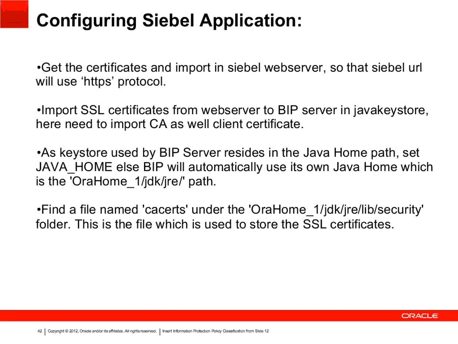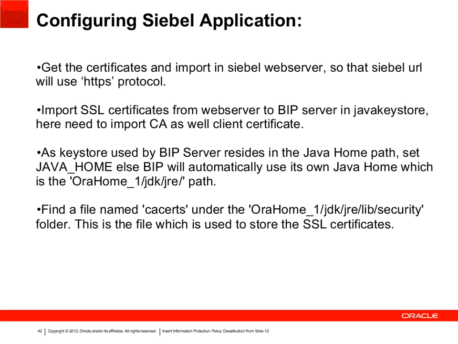Now, all the BI Publisher secure certificates get stored in a single file. This is called the cacerts file. Now, where is this located? This is again located in the JDK, inside the JRE library, and then inside the security directory.